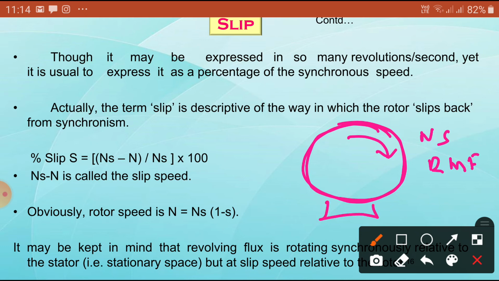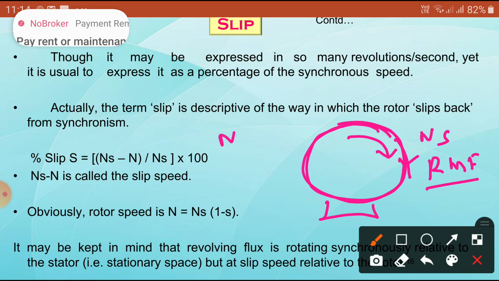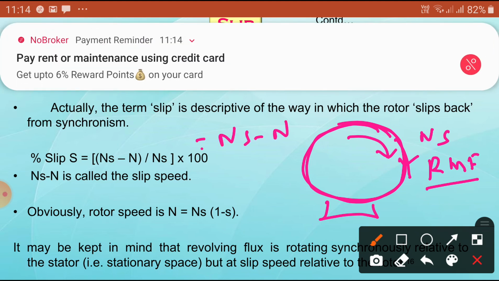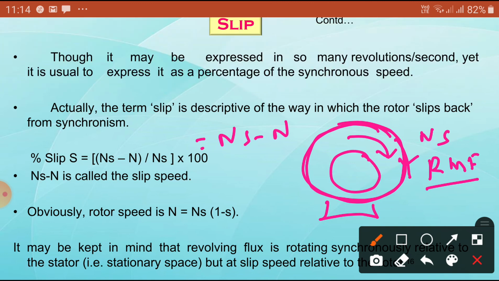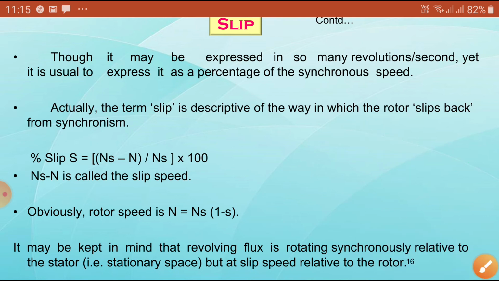But relative to the rotor, it rotates at the slip speed. What is the slip speed? ns minus n, and that is related to the rotor. We are comparing with the rotor here.